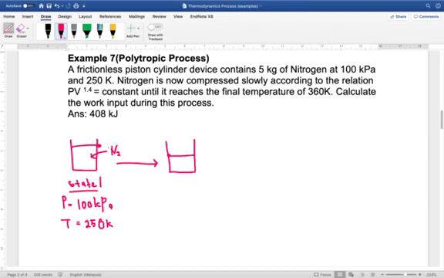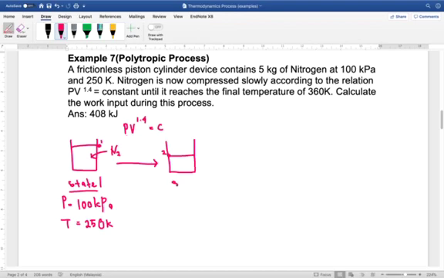Okay, the relationship between state 1 and state 2 is given as PV to the power of 1.4 is equal to constant. It means P1 V1 to the power of 1.4 is equal to P2 V2 to the power of 1.4.